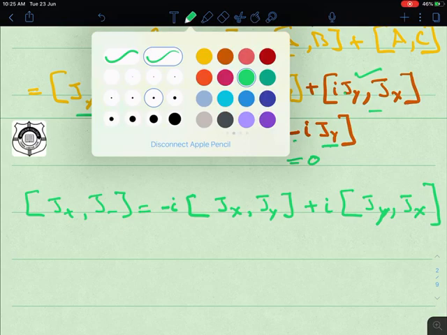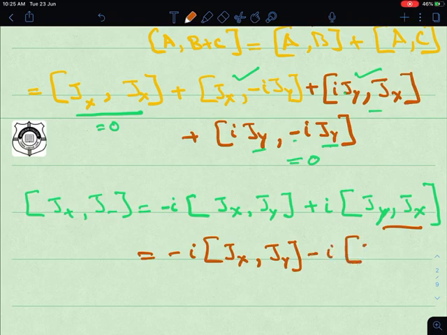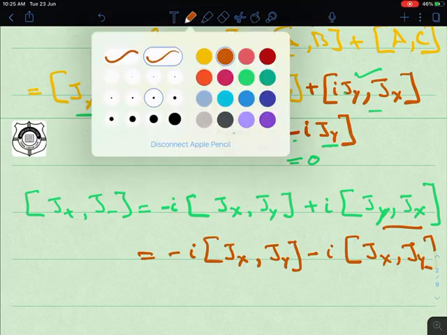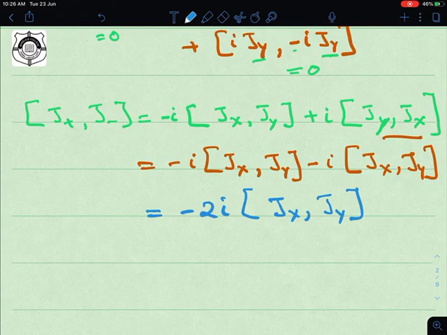It is the minus of it, right? So I can put it as minus i [Jx, Jy], and here again it will be minus i [Jx, Jy]. So this will become minus 2i [Jx, Jy].